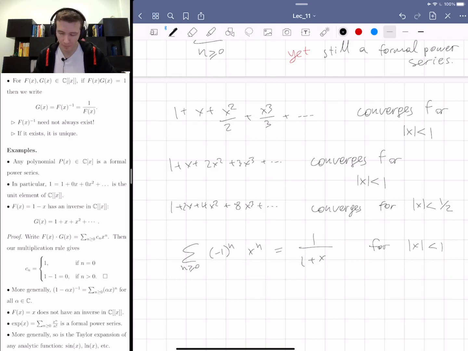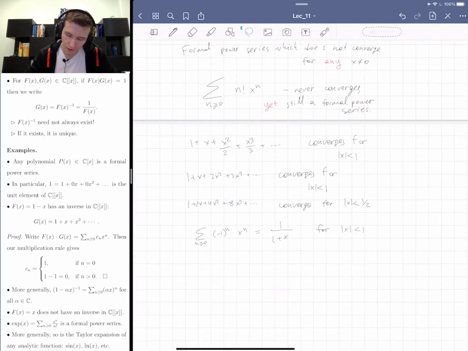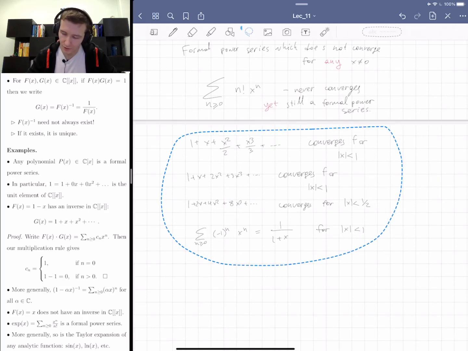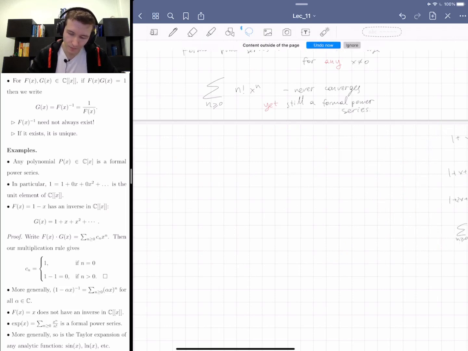Okay, so these are all convergent examples.